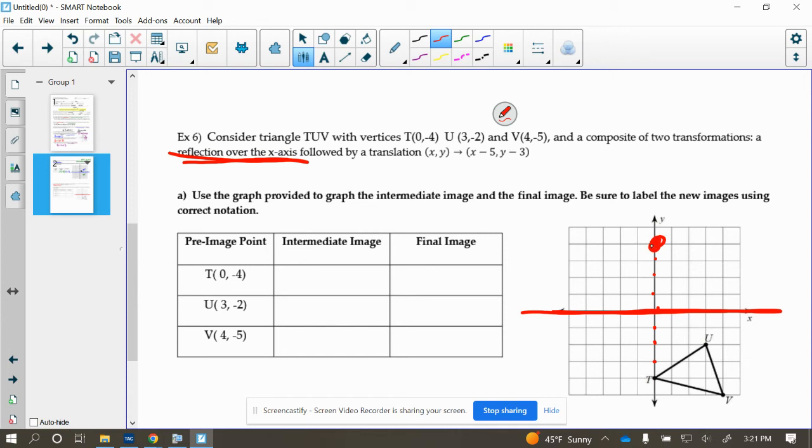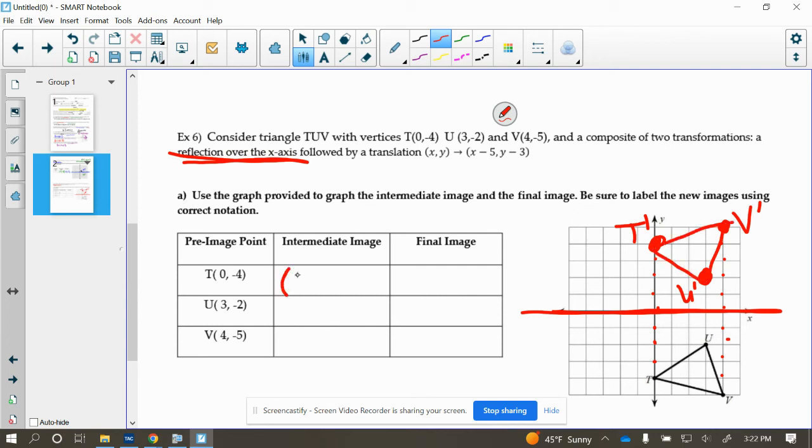So we're going to reflect it 4 units the other way to become T prime. U is 2 units below, so now it's 2 units above. So there's U prime. And then V is 5 units below, so it will move 5 units above the x-axis. So here is our image of TUV.